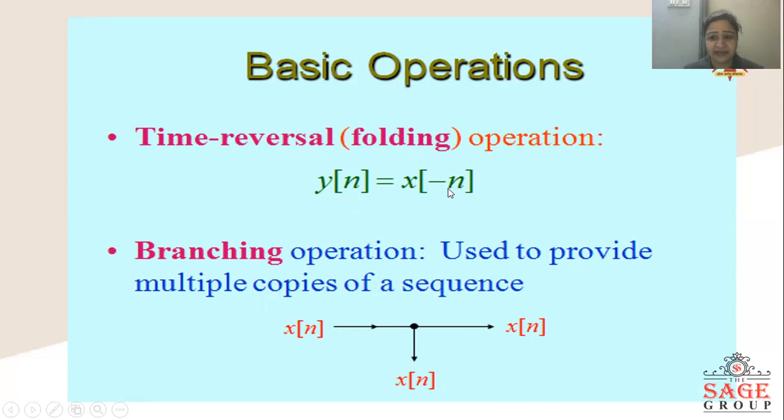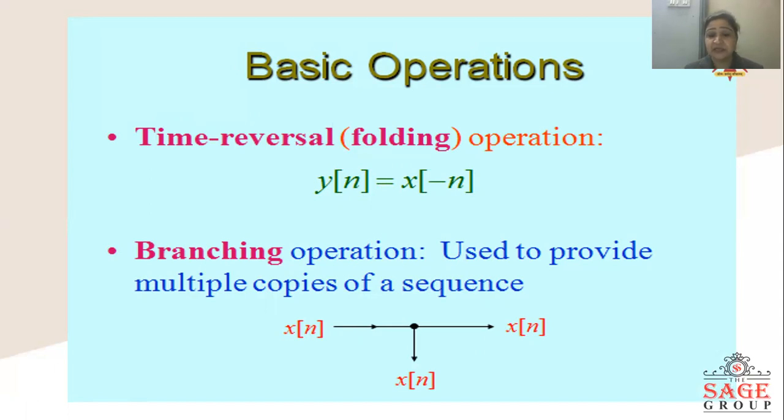That means y at 1 will have the same value which x is having at n is equal to minus 1. Similarly, say I take n is equal to -1. So y of -1 is equal to x of 1. That means y will take at n is equal to -1 the value which x is having at n is equal to 1. That means here the signal is reversed with respect to the y-axis.